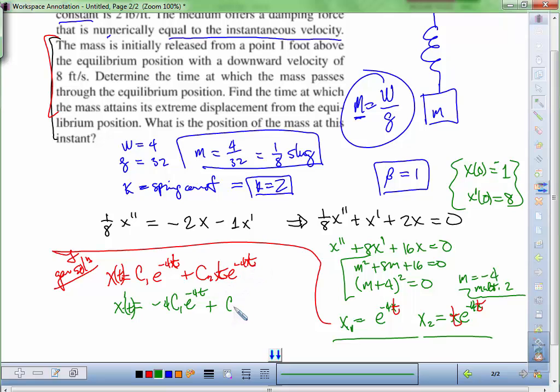I'll have C2 factored out, and take the derivative of the first times the second, plus the first times the derivative of the second. So I could simplify this now, but I have initial conditions, so I might as well put 0 in for t to see what gets knocked out.